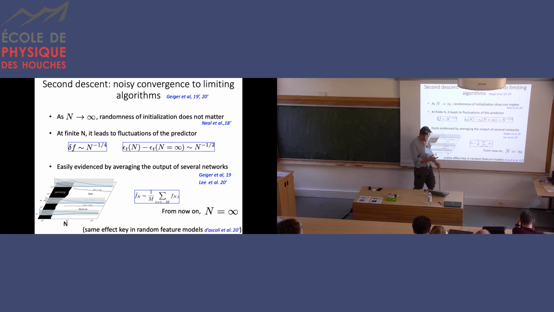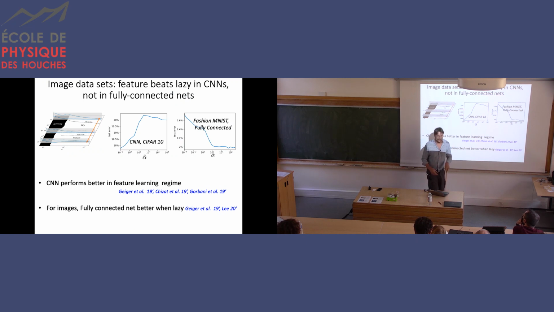What is the structure in the data that makes them learnable? And to think about that, it's useful to think about the fact that I have several learning regimes, and I can ask this question in those different regimes. It's very simple empirically to move along this. You fix the width of your network, and you change alpha, and you measure the test error.